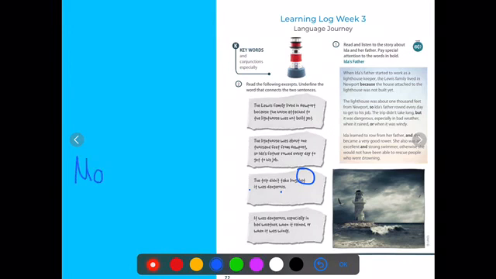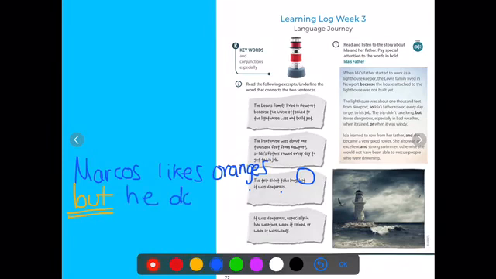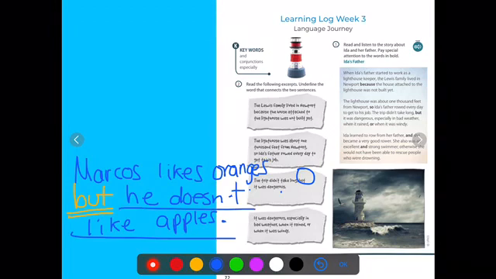Let's say Marcos likes oranges, but he doesn't like apples. Okay, he likes fruits, he likes oranges, but he doesn't like apples. Okay, that's a positive here and a negative there, right?